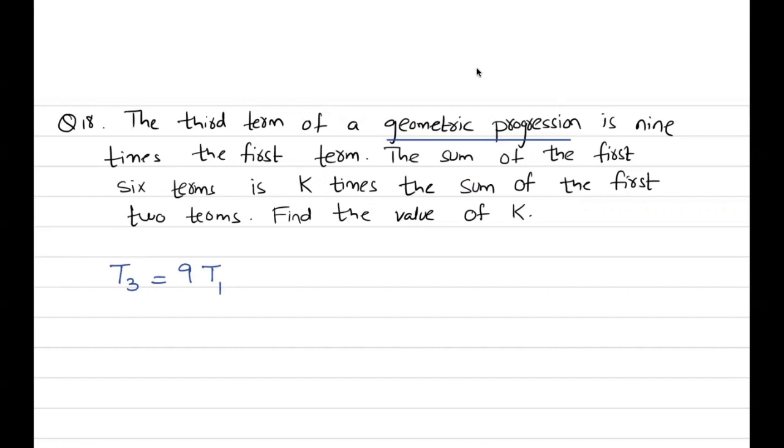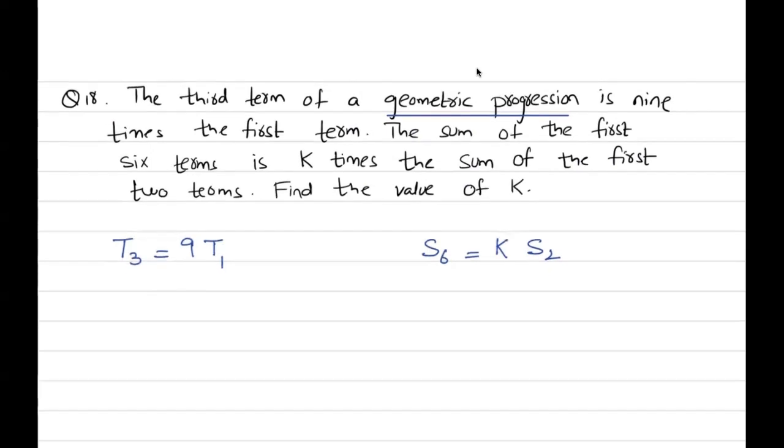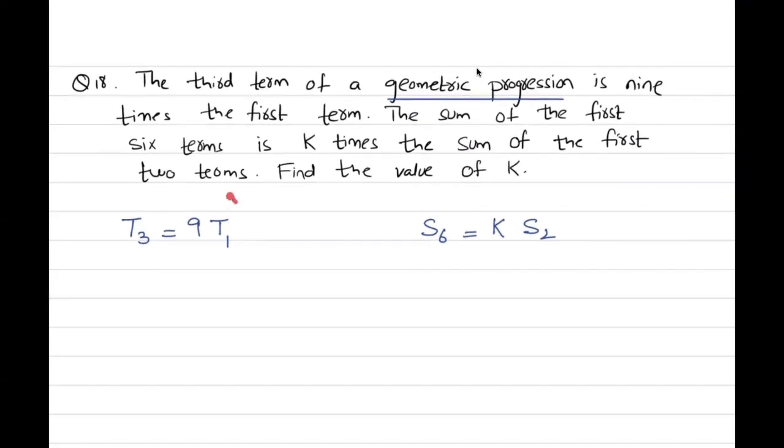Now, the next statement says the sum of the first 6 terms, that means S6, is K times the sum of the first 2 terms, that is S2. I need to find the value of K. So to find the sum, I need the first term and the common ratio. So I'll solve these 2 equations simultaneously.